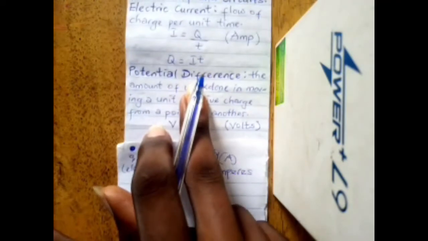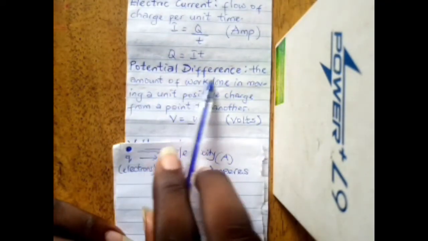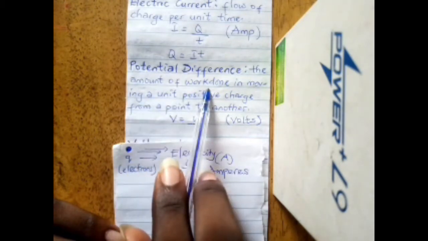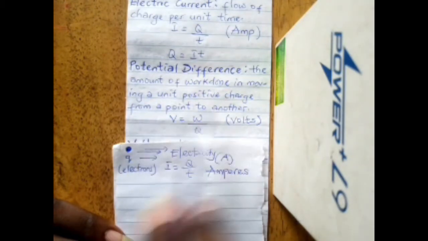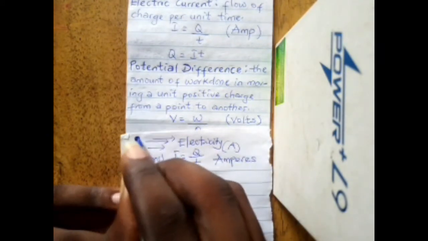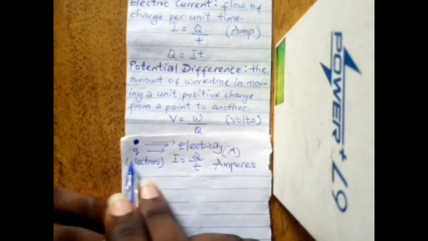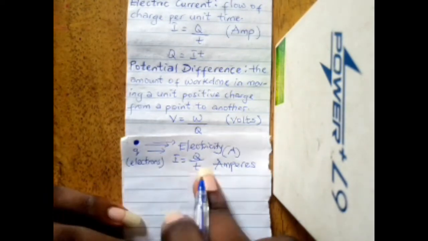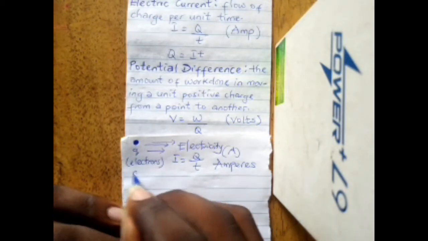Okay, so moving on, now we'll be looking at potential difference. Potential difference talks about the amount of work done in moving a unit positive charge from one point to another. Like I said earlier, we have a charge, and the flow of this charge per unit time is what is referred to as electric current.